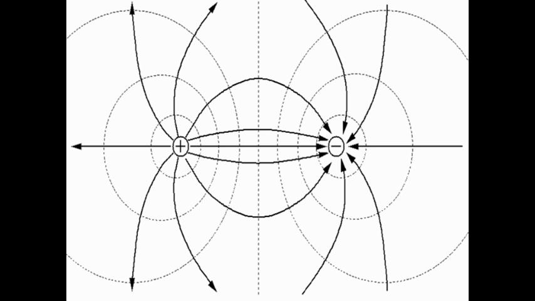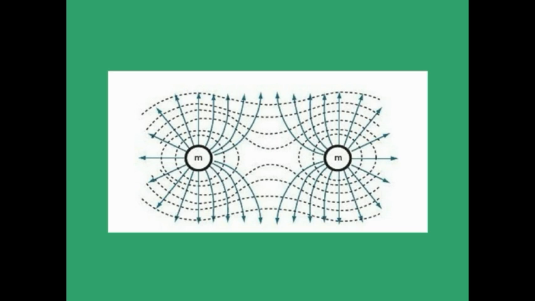And note here also that the electric field lines are perpendicular to the equipotential surface at every point. Just observe that. And this will be the example for two charges of equal magnitude and equal sign as well. All the dotted lines which you see are the equipotential surfaces.